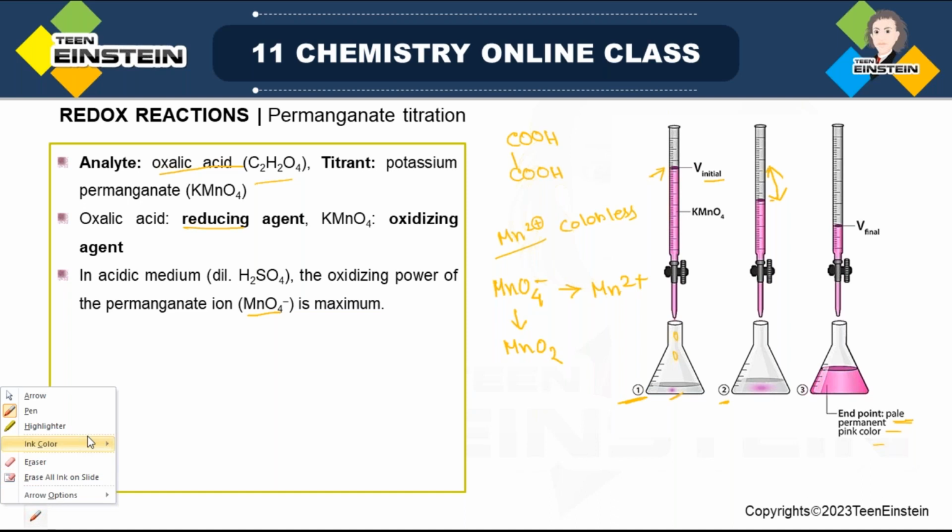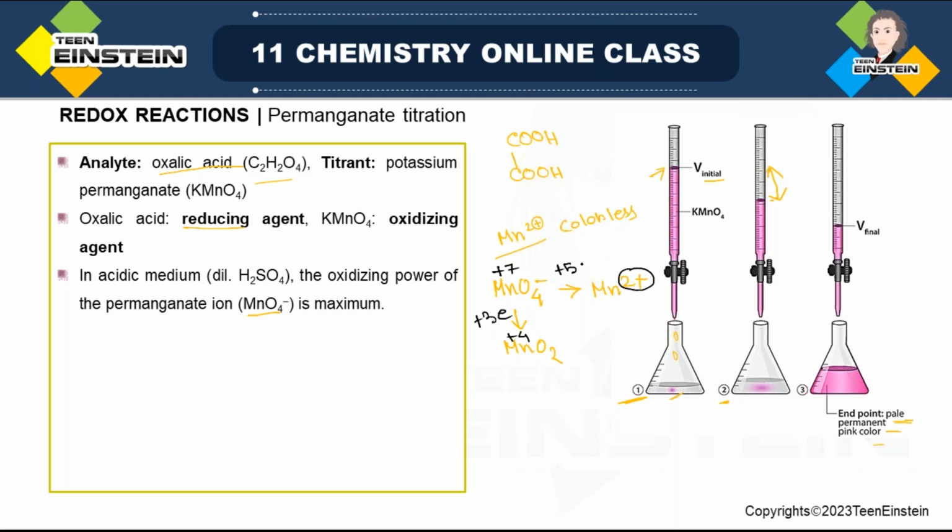Now, why is it a better oxidizing agent? You can understand, because it is +7, this is +2, this is +4. So in this case, it is a gain of 3 electrons, but here it is a gain of 5 electrons. So more electron gain means obviously oxidizing power is also high. So here the discussion will be only in acidic medium.